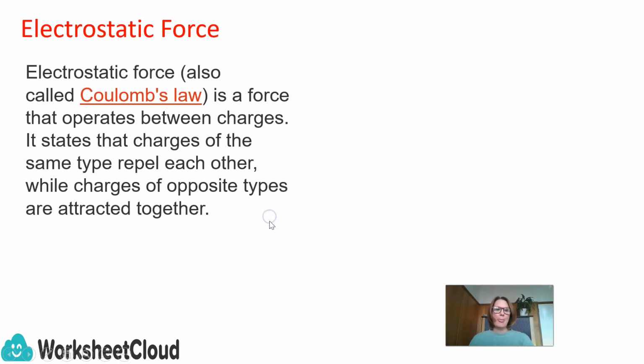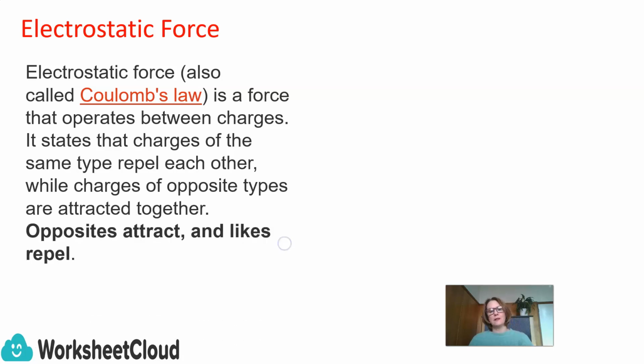Electrostatic force, also called Coulomb's law, is a force that operates between charges. It states that charges of the same type repel each other, while charges of opposite types are attracted together.